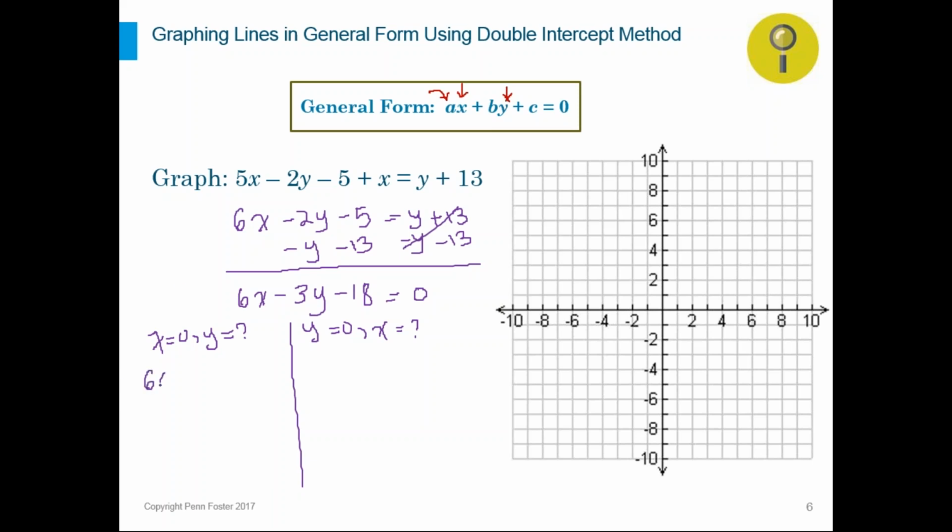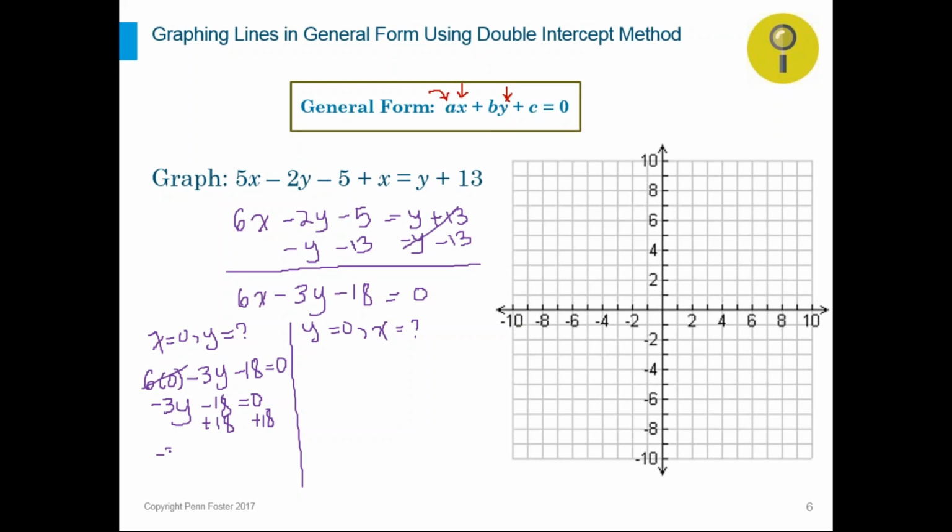So 6 times 0, because x is 0, minus 3y minus 18 should give us 0. Now that's gone. Negative 3y minus 18 equals 0. I need to bring everything to the other side of the equation, so add 18 and add 18.